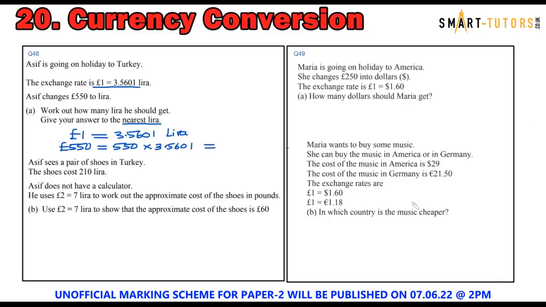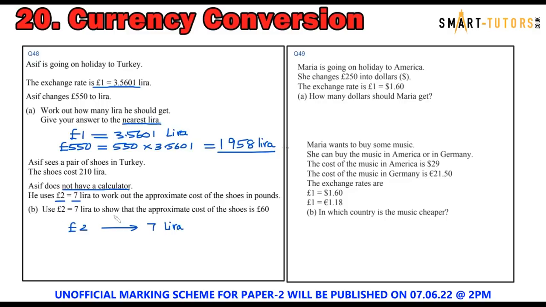So to the nearest lira, I'm going to leave it as 1958 lira. Okay. Asif sees a pair of shoes in Turkey. The shoes cost 210 lira. Asif does not have a calculator. He uses £2 as 7 lira to work out the approximate cost of the shoes. So he assumes £2 is nearly equal to 7 lira.